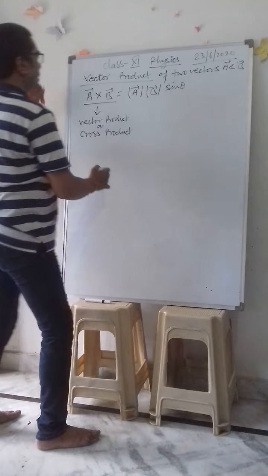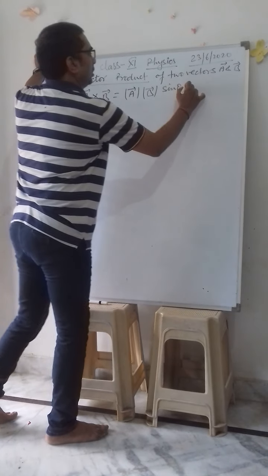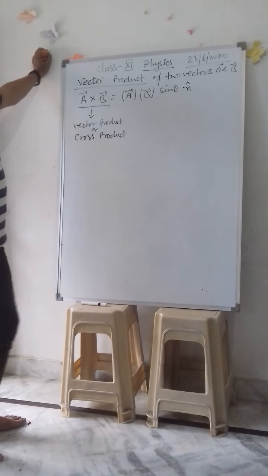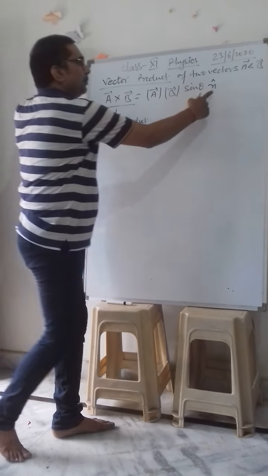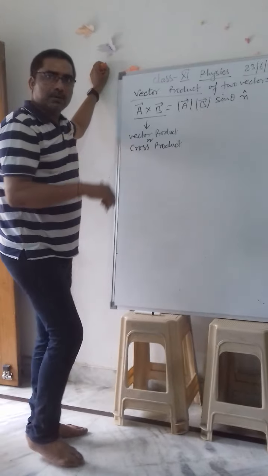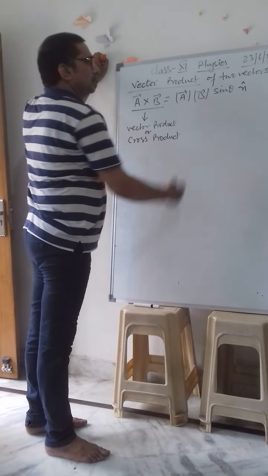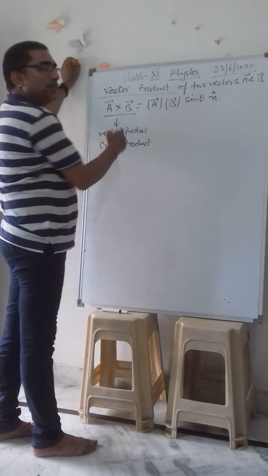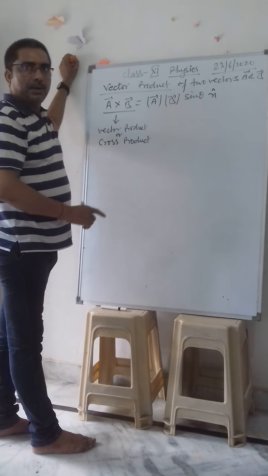It can be written with this n cap. Why? This n cap is not mentioned in the scalar product, but here we mention the n cap. Why? Because this A cross B is a vector quantity.